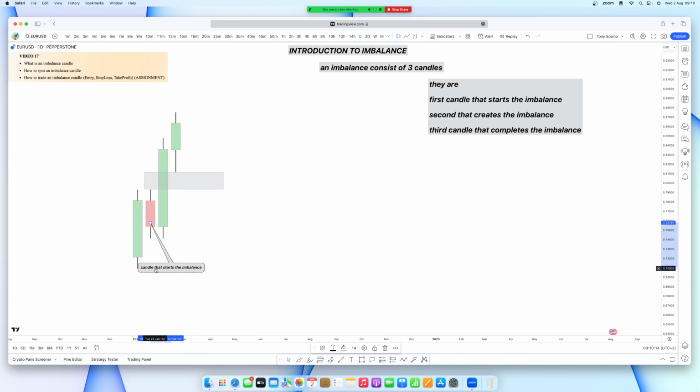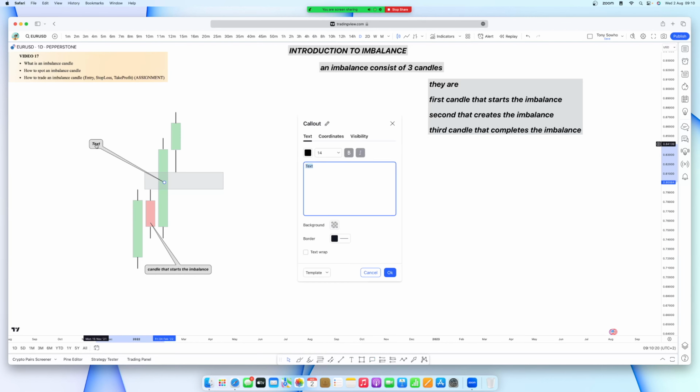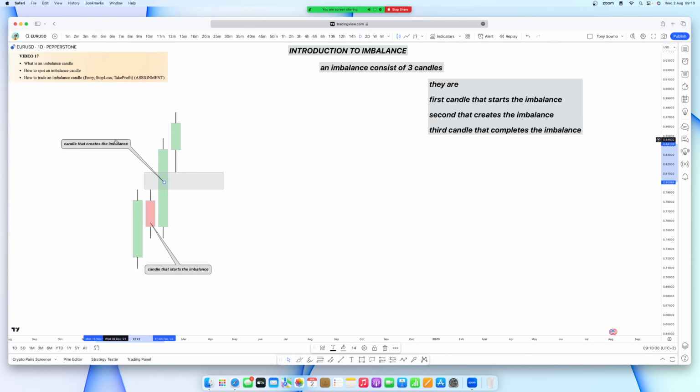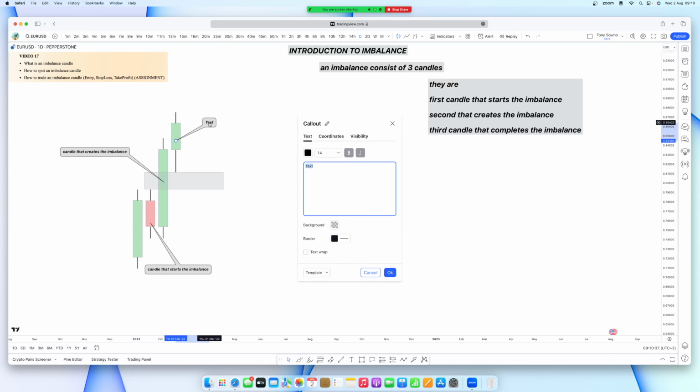Number two is the candle that creates the imbalance. And then the third candle is the candle that completes the imbalance.